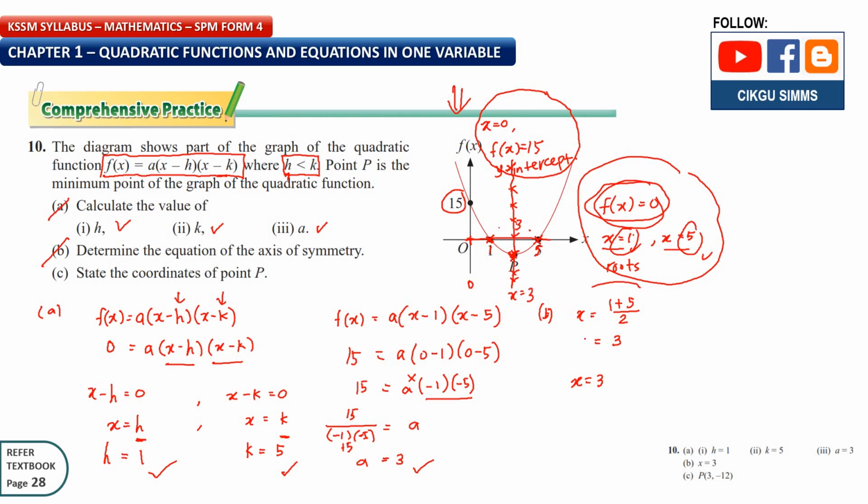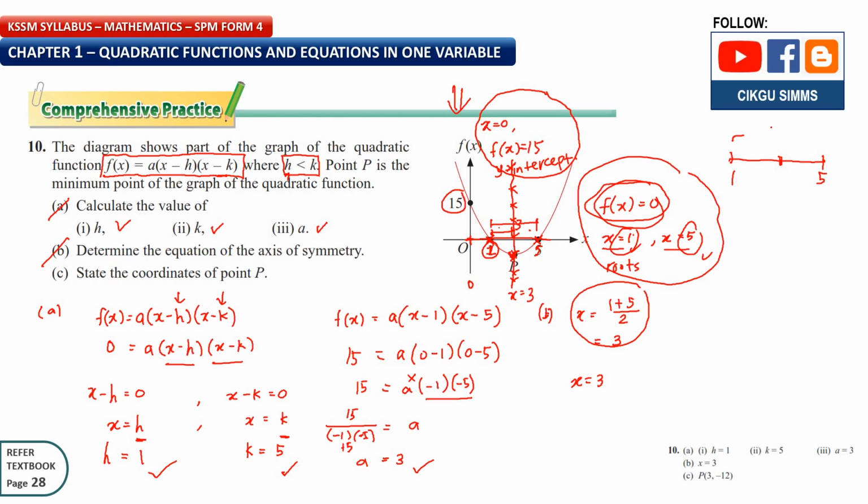Okay, so if you don't want to use the average method, you can find how long this length is, and then you add it to 1. Okay, so for example, this is 1, this is 5, right? I want to find the middle point.